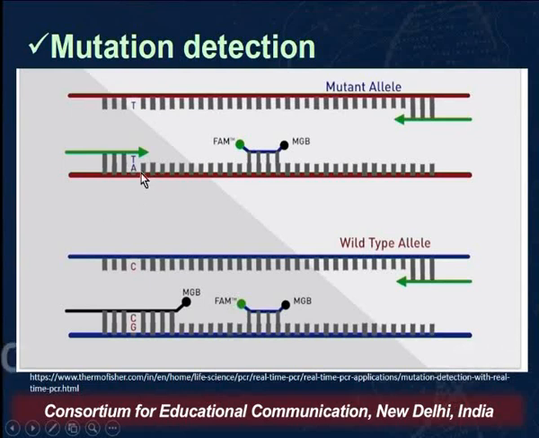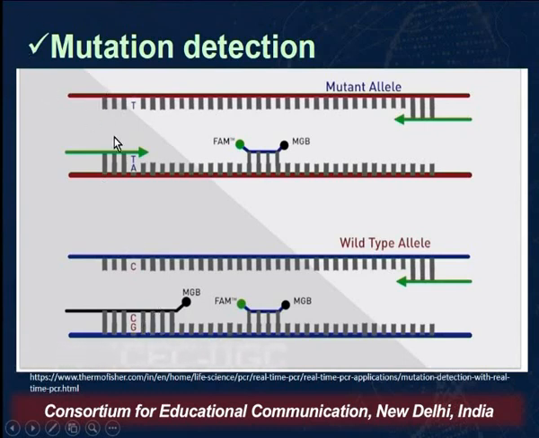However, the primer is going to bind to only the allele which is mutated. This is not going to bind to the wild type gene. In fact, in the wild type gene, we also use a blocker primer. So this blocker is going to block this area so that even non-specific binding does not occur.